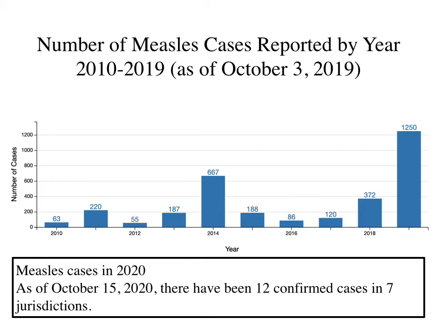In 2019, 1,200 U.S. measles cases were reported, the highest annual number since 1992. 89% of measles patients were unvaccinated or had an unknown vaccination status, and 10% were hospitalized. 86% of cases were associated with outbreaks in under-immunized, close-knit communities, including 2 outbreaks in New York Orthodox Jewish communities that threatened measles elimination status in the United States.